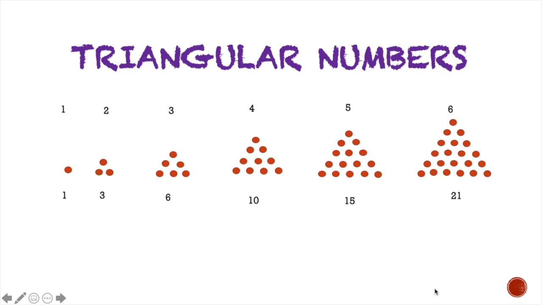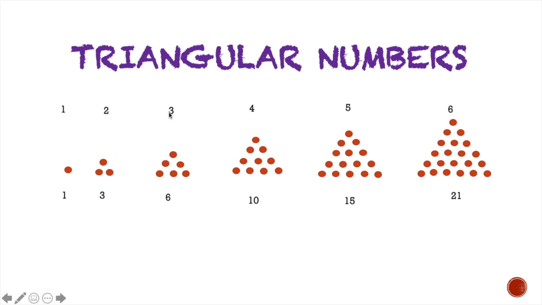If we look at this diagram where our elements are small circles, we see in our first term that we have just one element. If we added the number 2, that would give us 3 elements in our second term.